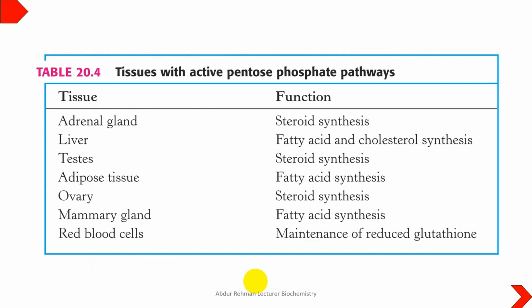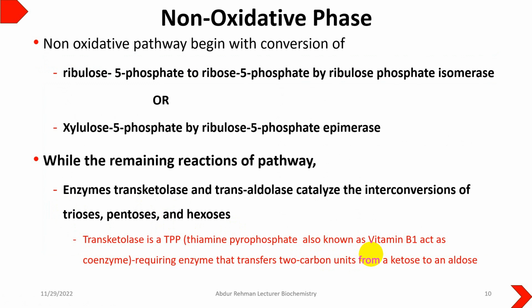The tissues which contain an active pentose phosphate pathway include the adrenal gland, liver, testes, adipose tissue, ovary, and mammary gland. All these tissues are mostly involved in steroid or fatty acid synthesis. Apart from these, red blood cells, as we studied, maintain the reduced glutathione level, which helps maintain the structure of the red blood cell membrane and thus the shape of the red blood cells.